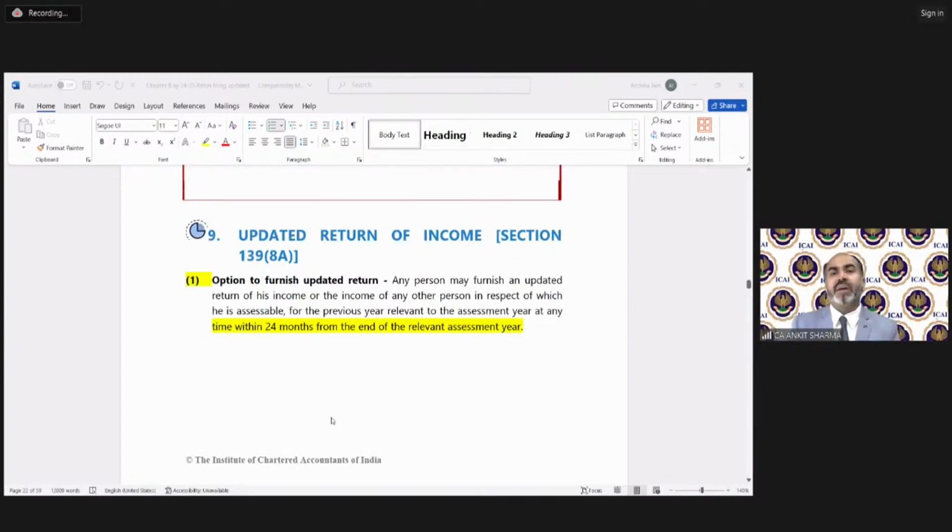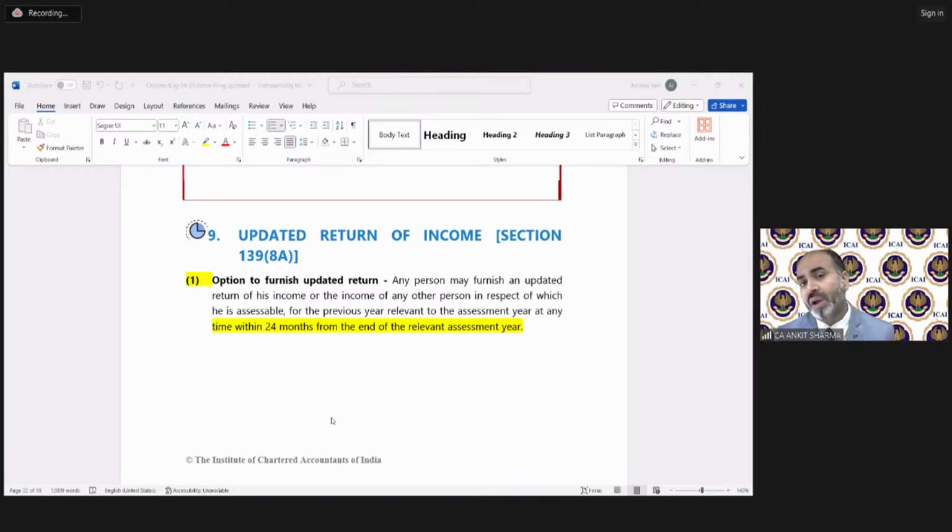Updated return of income, section 139(8A). Option to furnish updated return: any person may furnish an updated return of his income or the income of any other person for which he is assessable, again the deemed assessee concept, at any time within 24 months from the end of the relevant assessment year.